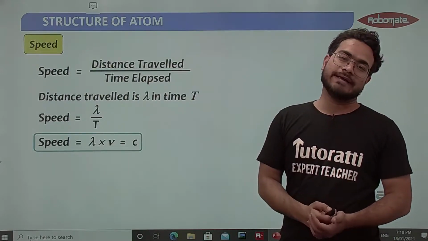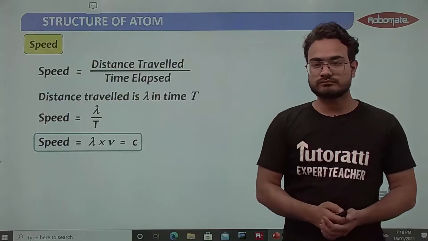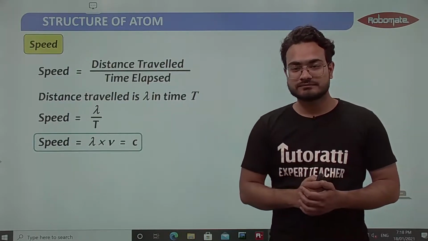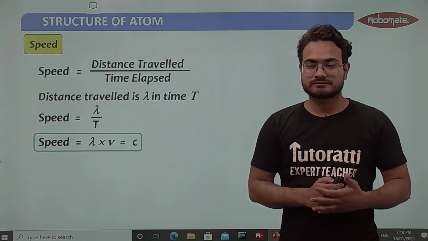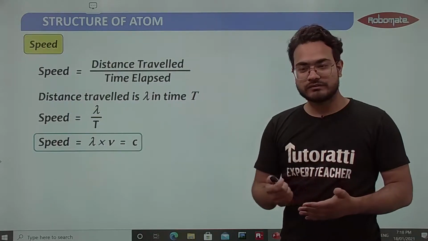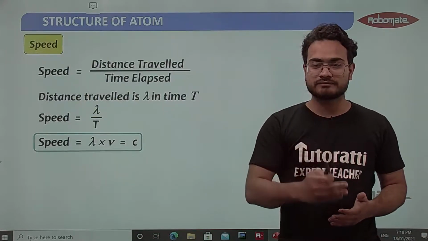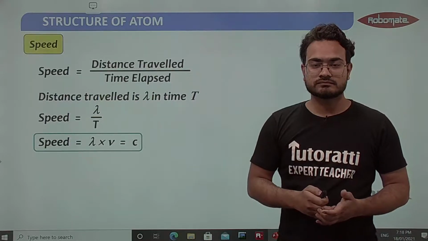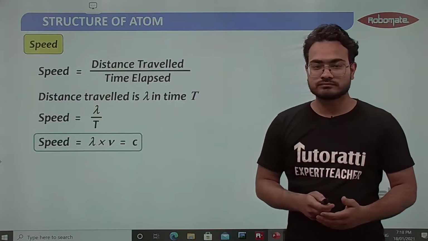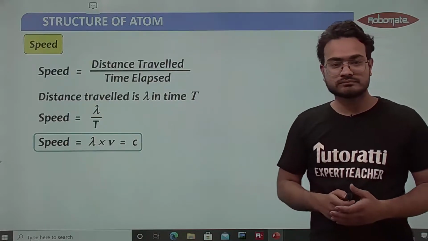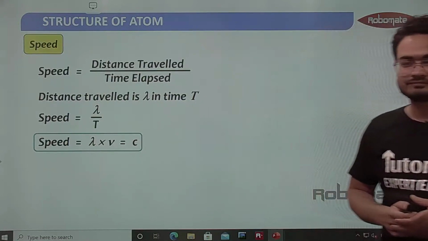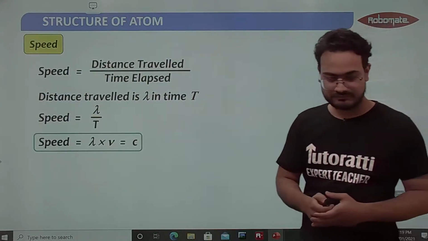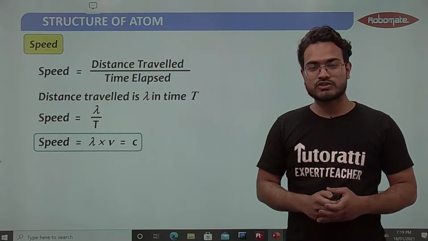And what is the speed of light? Can you tell me? Anyone? Sarthak, Pranit, Jayant. Very good, Sarthak.